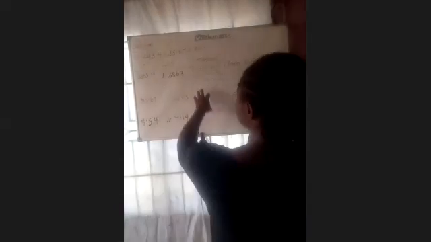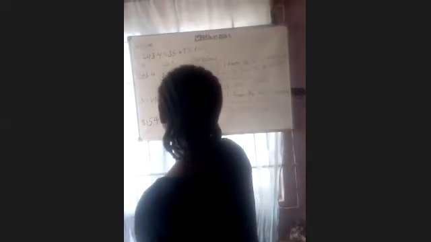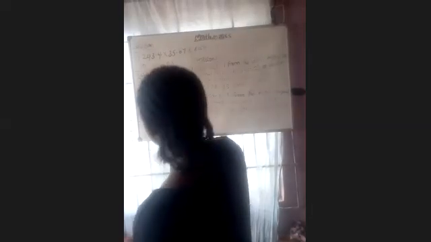Now, what is the next thing to do? We have multiplication, which changes to addition. So we have to add up these numbers. 3 plus 3 gives us 6, plus 4, 10. We write 0, we keep 1. Then 1 plus 6, 7 plus 2, 9, plus 1, 10.